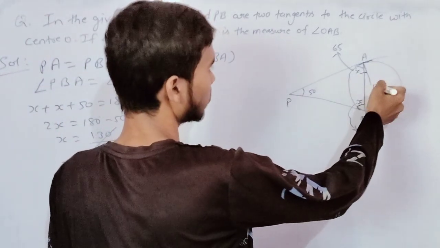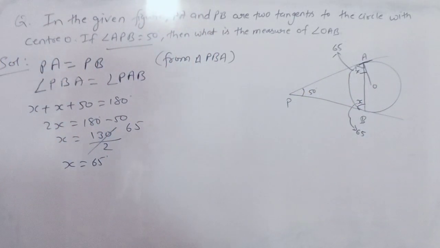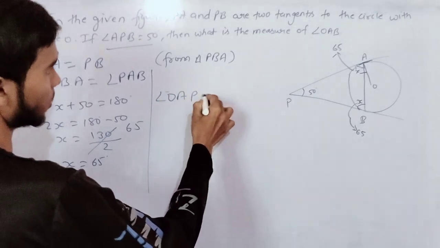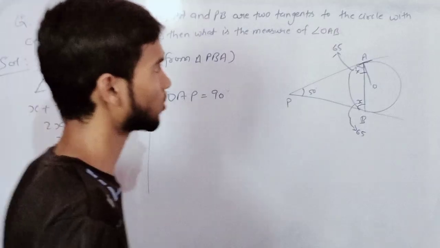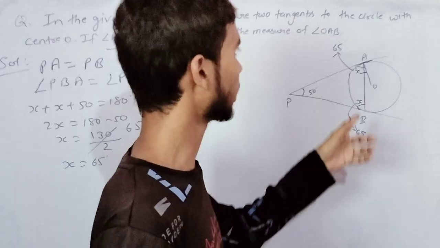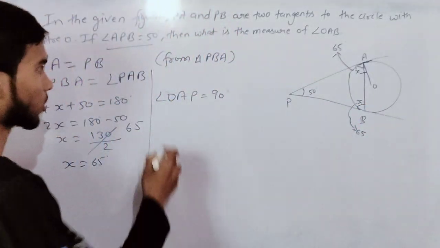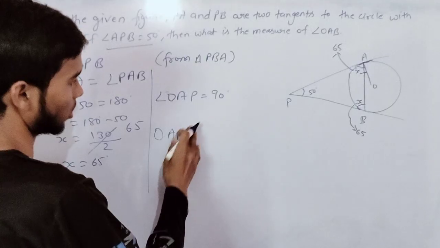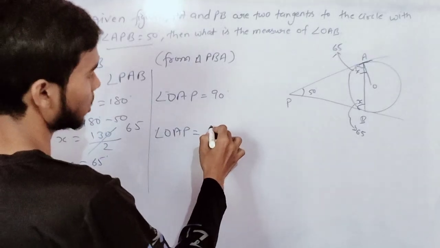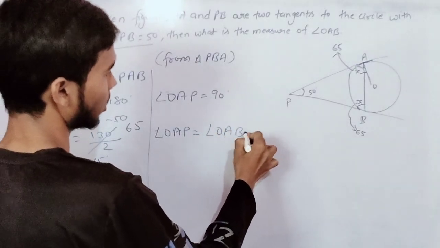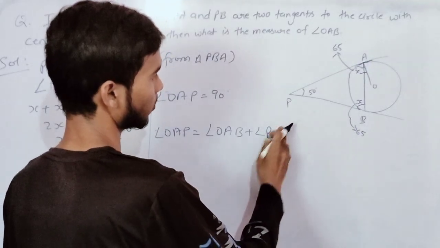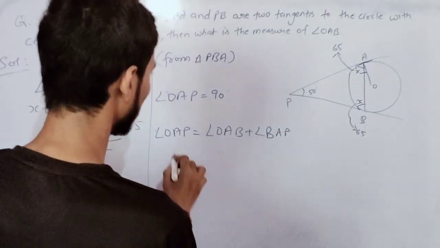Now as we know, angle OAP is making 90 degree. Angle OAP is equal to the sum of angle OAB plus angle BAP.